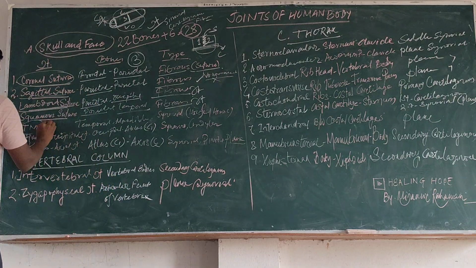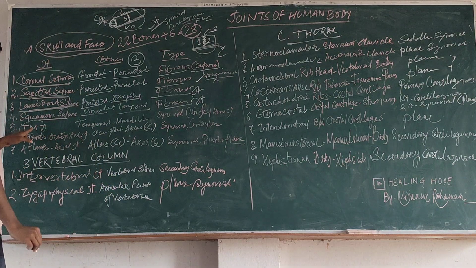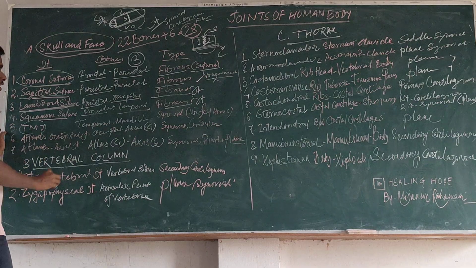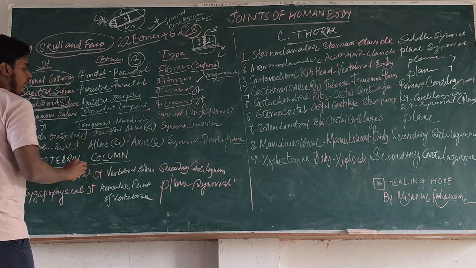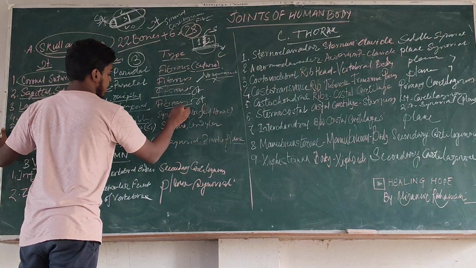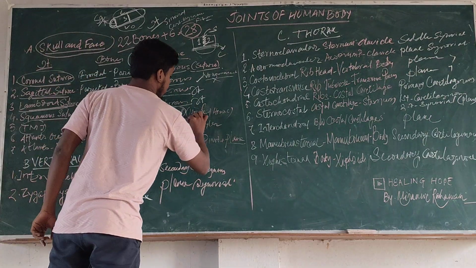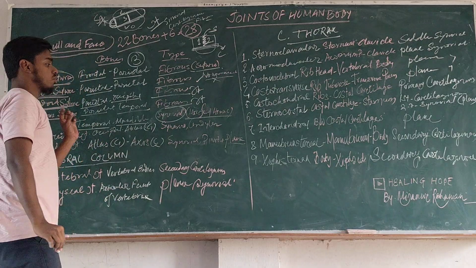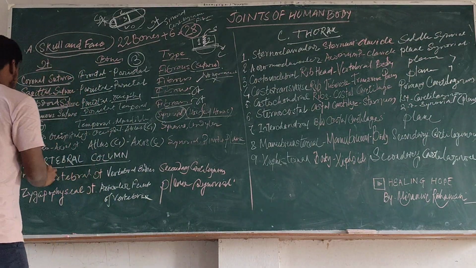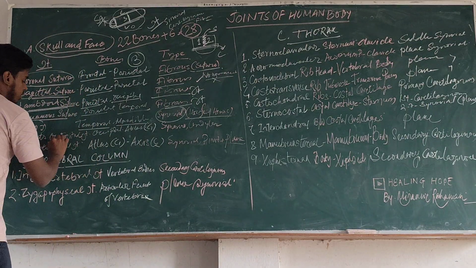And then the TMJ or temporomandibular joint. This joint is formed by the temporal bone and the mandibular bone, and this is a synovial joint. And this is a modified hinge type of joint. Then the atlanto-occipital joint.